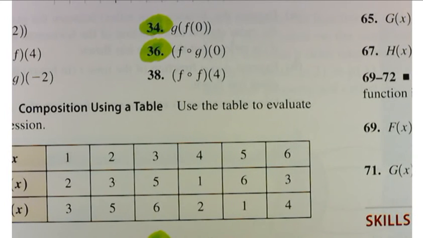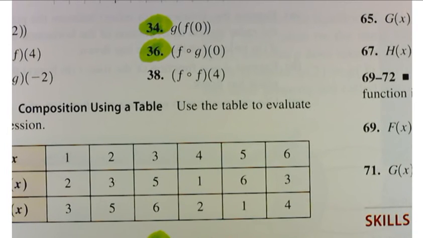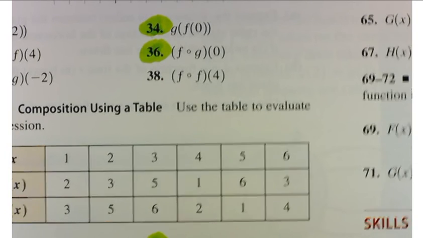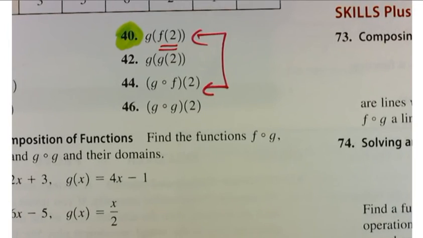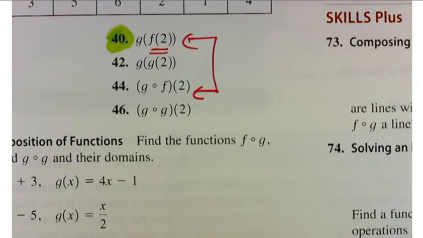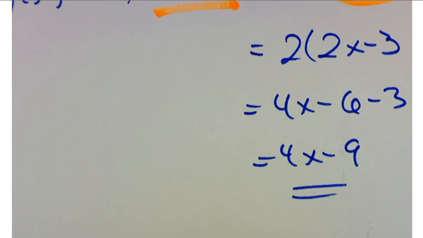Problem 52. f of x is x squared. g of x is the square root of x minus 3. Let's put those two functions together in various ways. So let me write them down for us again. f of x is x squared. g of x is the square root of x minus 3.